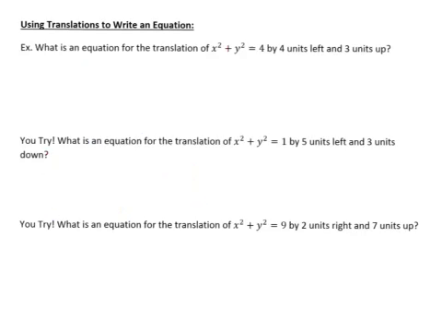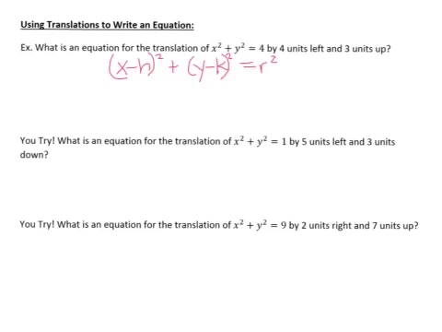Now we're going to use translations to write an equation. So this first example says, what is an equation for the translation of x squared plus y squared equals 4 by 4 units left and 3 units up? Well, if we think about this equation in standard form, if we write it back over here so we can see it, it was (x minus h) squared plus (y minus k) squared equals r squared.